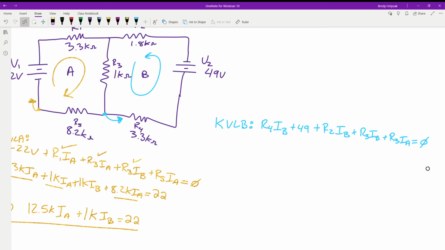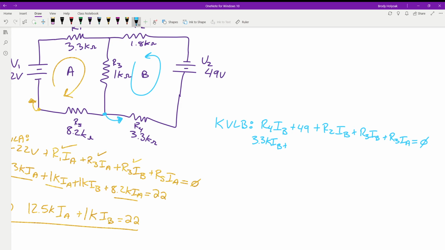Now we're going to plug in the values for our resistors. We'll simplify it down to get our second equation. So R4 is 3.3K. I'm going to move the 49 across the equal sign, so that's going to become a negative when we get done.